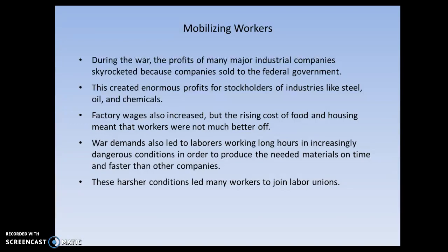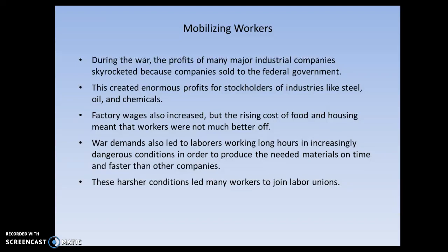These things are used to build things like ships and oil to heat and to use for fuel. So these stockholders are making large amounts of money. Factory wages also increased, but the rising cost of food and housing meant that workers weren't much better off. So these stockholders are making lots of money and doing well, workers not so much.